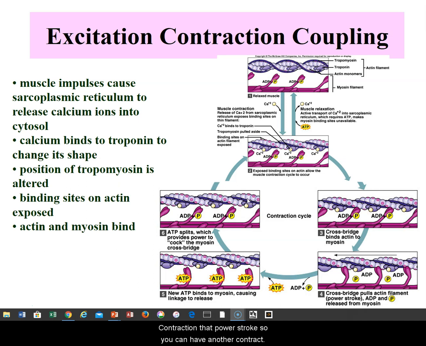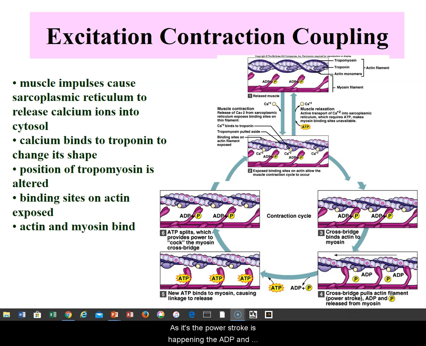So the heads of the myosin will bind after the influx of calcium and the active sites are exposed, and then the myosin heads will come in contact with the actin and pull that actin along in that power stroke. This is contraction.